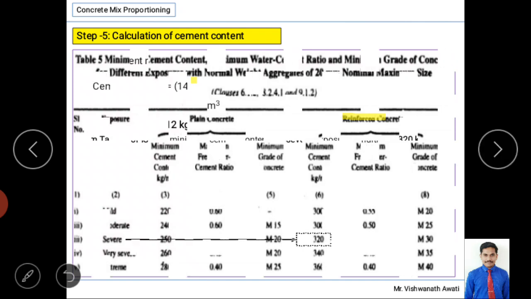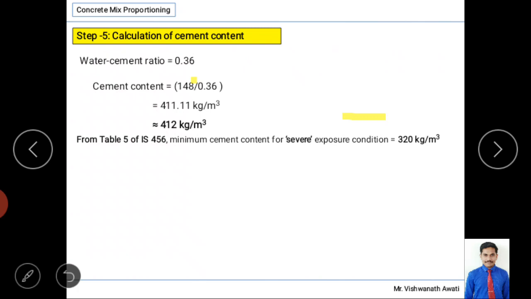If the calculated value is less than that, then we have to take 320 as the minimum. For example, if from calculation you got 300 kg per meter cube, then we have to take the minimum of 320 kg per meter cube. So 412 kg per meter cube is greater than 320 kg per meter cube, hence okay.